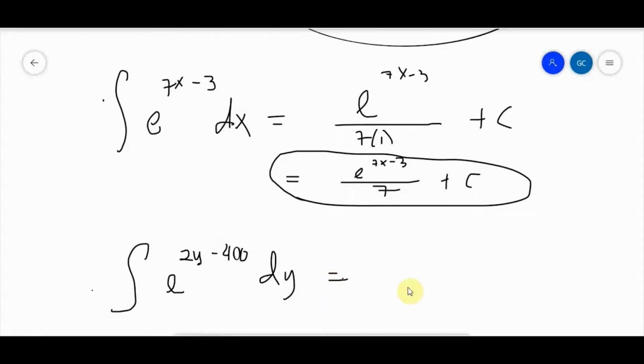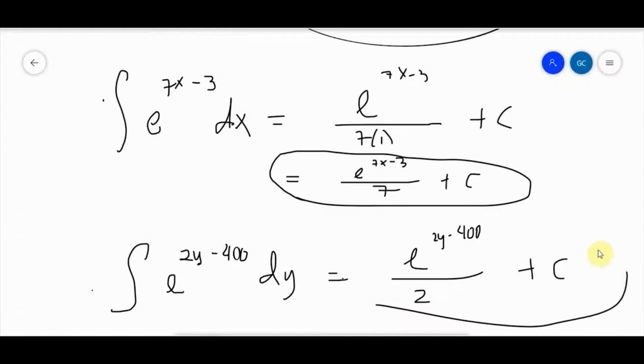What could that be? So the answer would be e raised to 2y minus 400 over, what is the derivative of 2y minus 400? That would be 2, plus some constant c. Pretty easy and pretty fun, huh?